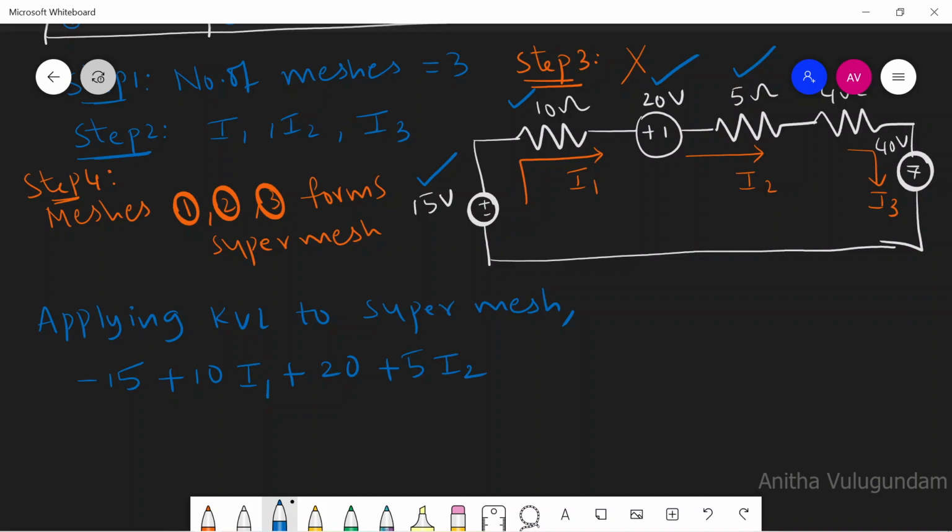Next is the 4 ohm resistor here, plus 4 I3 minus 40 equal to 0. This is the KVL equation obtained for the supermesh.